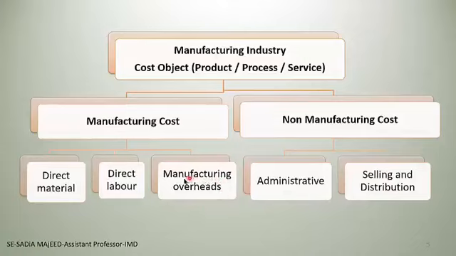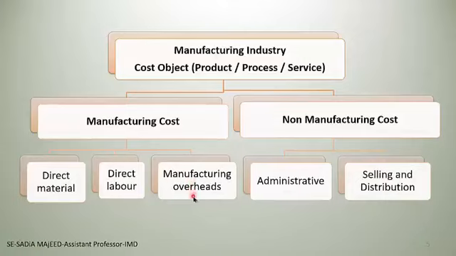We have already discussed overheads. Overheads are those costs which cannot be traced at the per unit level. That means other than the directs, all costs are considered overheads. But here they have said manufacturing overheads.